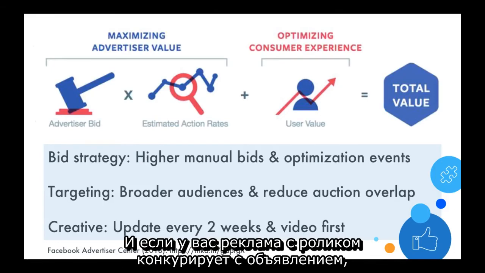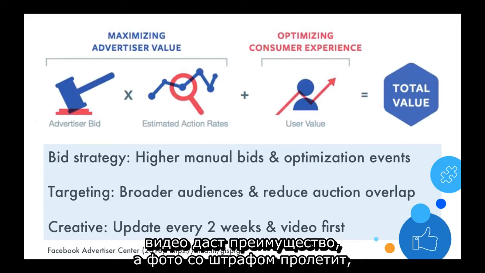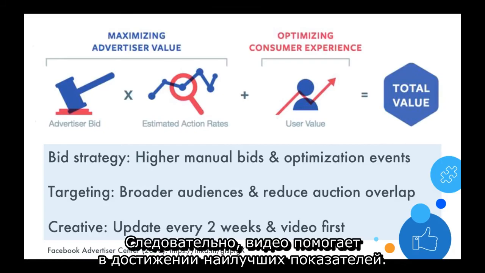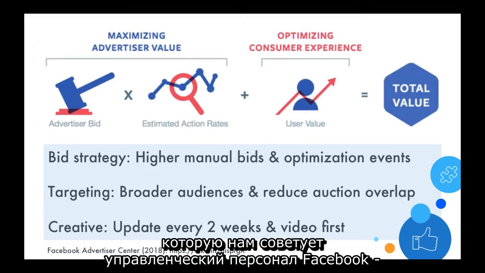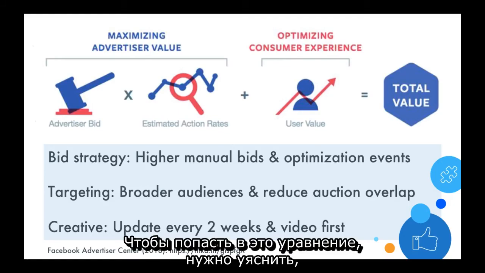If you have an ad that's a video versus an ad that's just a static image, the video will get benefits and the photos will get a little punishment for not being super engaging, for not being dynamic, and therefore the video helps you to really get better results. Also important for you to know that key account managers of Facebook now recommend to have in each ad set at least one video ad as well, to play this equation and to understand that the video ad will get a benefit.